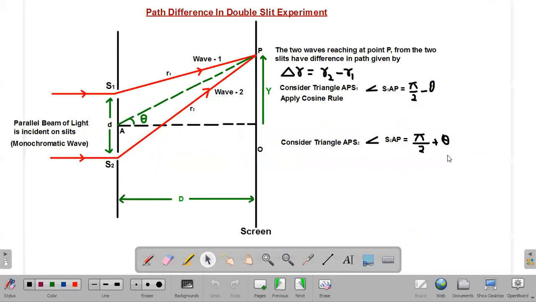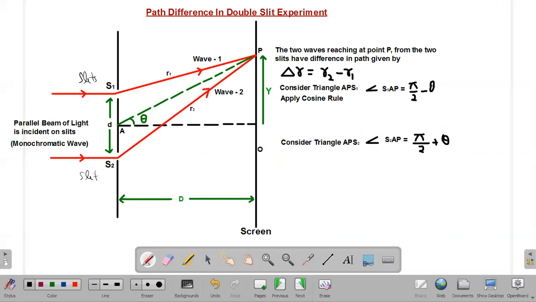This is the setup of Young's double slit experiment. We have two parallel slits S1 and S2, and there is a screen at some distance denoted by capital D. The separation between the two narrow slits, which are represented by S1 and S2, is small d.